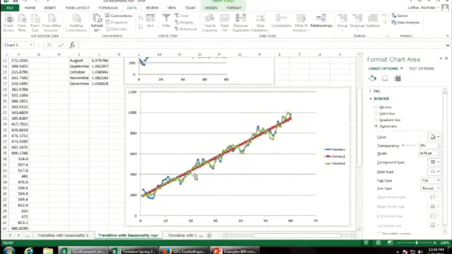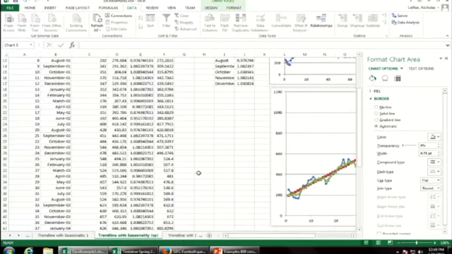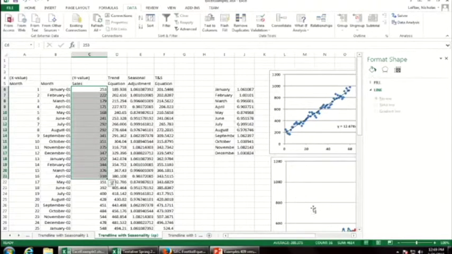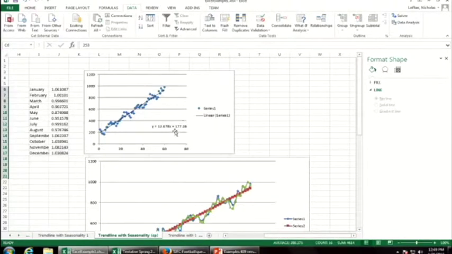So the way it works with seasonal indices, first you take the data, and we have the data here, and we come up with a trend line. So we have a trend line here. Y is equal to 12.7x plus 177.